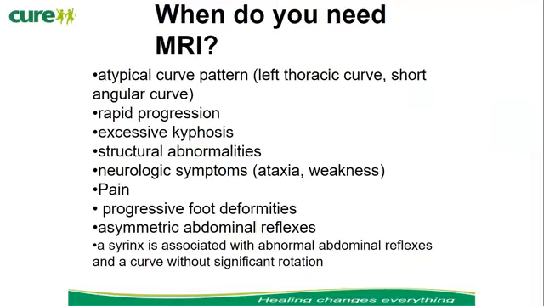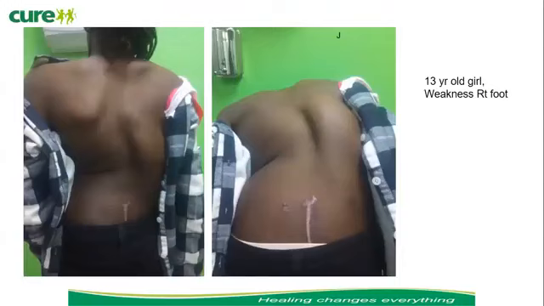This is a child that had mainly the thoracolumbar curve, but also a main thoracic curve. Initially, I had thought that it was an idiopathic adolescent scoliosis, but then we realized that the right leg was weak. So we did an MRI. This surgical scar was a neurosurgical scar. A neurosurgeon did some operation there, but that was after we referred the child to the neurosurgeon.